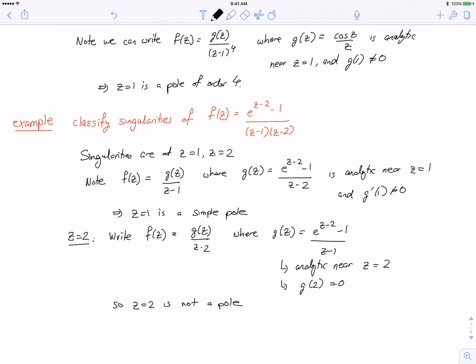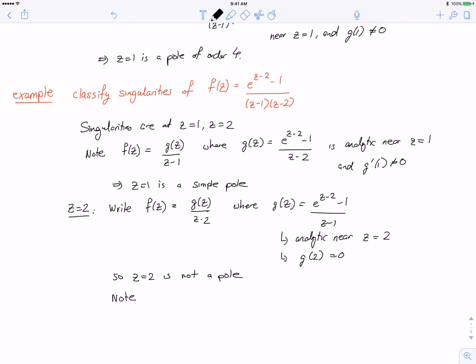Now, let's check if it's removable. To check if it's removable, I calculate the following limit. And if this limit exists, I'll know it's removable. So let's see. This becomes the limit as z approaches 2 of e to the z minus 2 minus 1, and I'm just going to get z minus 1, because the z minus 2 on the denominator is going to cancel.